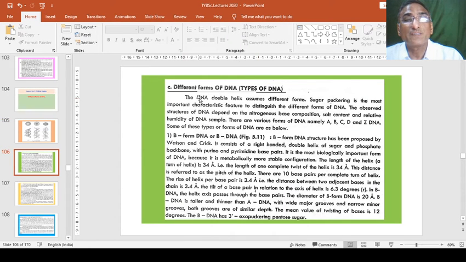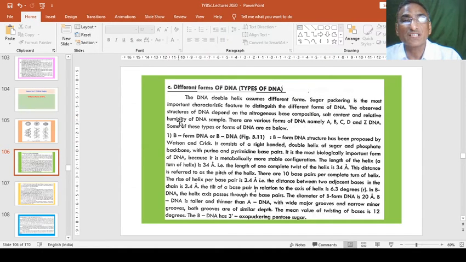So different forms of DNA, or types of DNA, according to the arrangement. The DNA double helix assumes different forms. Sugar puckering is the most important characteristic feature to distinguish the different forms of DNA.